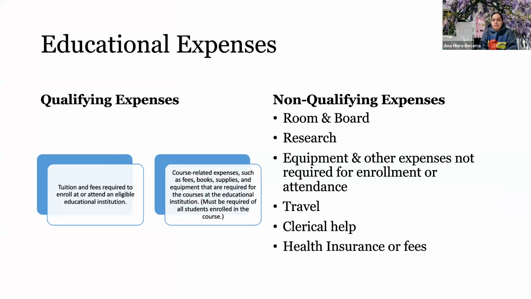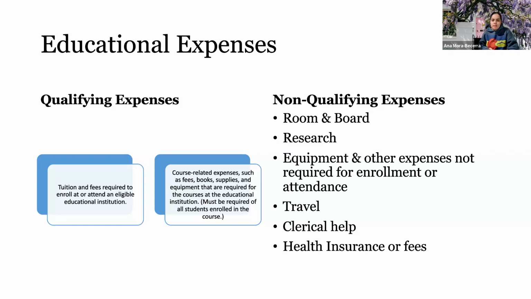Here are educational expenses as to what qualifies. Any required tuition and fees would be a qualifying expense. Required books, supplies, anything that's required by the course can be qualifying. What's not covered would be room and board. Everyone has to have a place to live, and this is the part that confuses a lot of people, but not everyone goes to a higher institution.